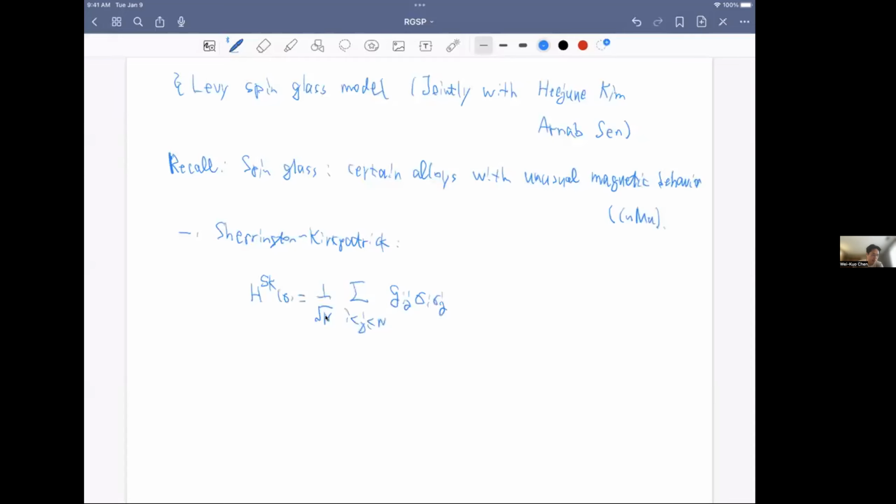Here the gij are IID normal random variables. They need not be normal, but let's say they follow a certain distribution G, centered and with unit variance.